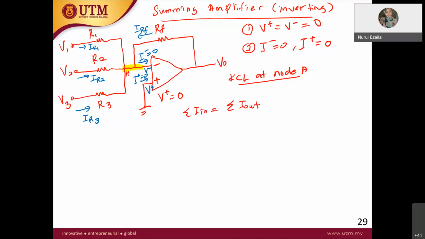Now tell me, what is the total current in at node A? IR1 plus IR2 plus IR3. What else? IRF. Equal to I negative. Now I negative equals 0. Correct.